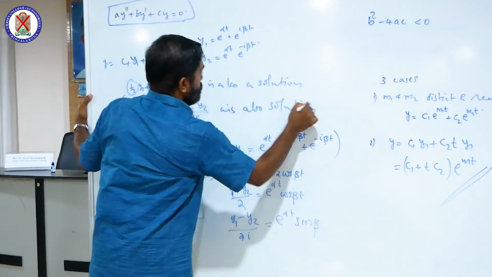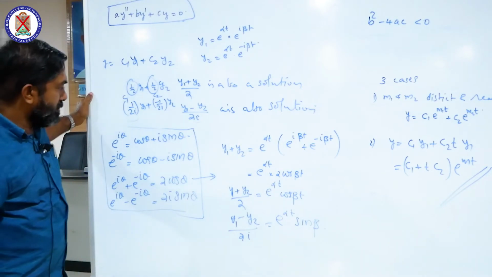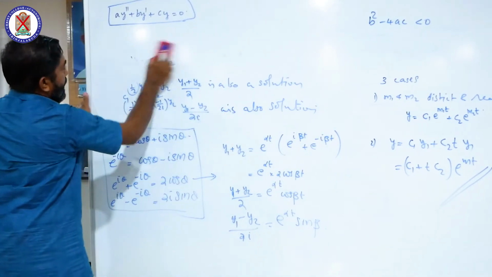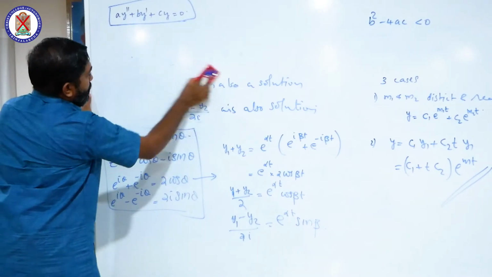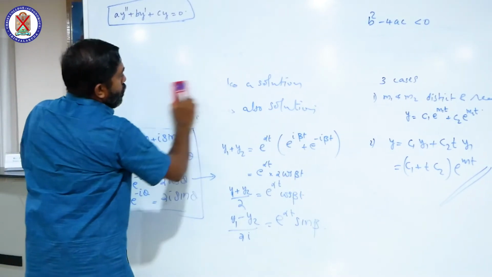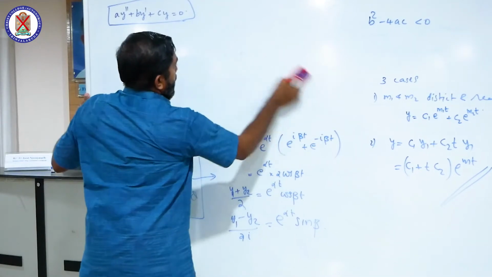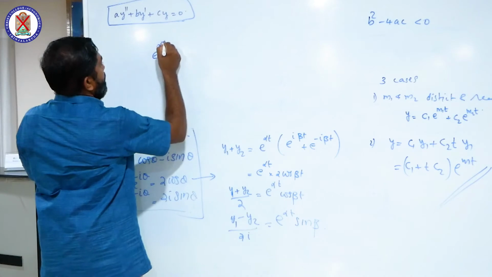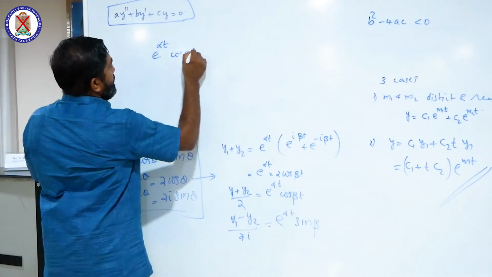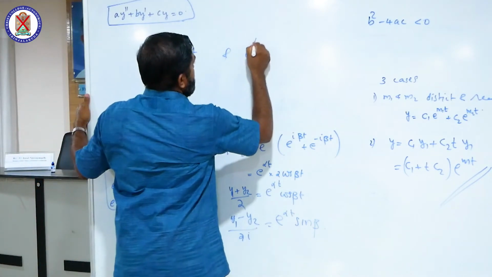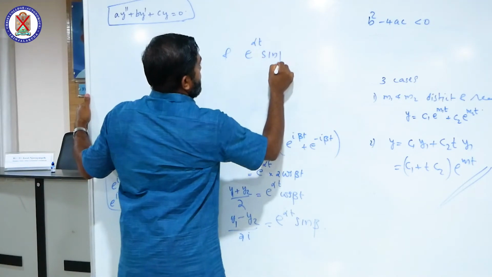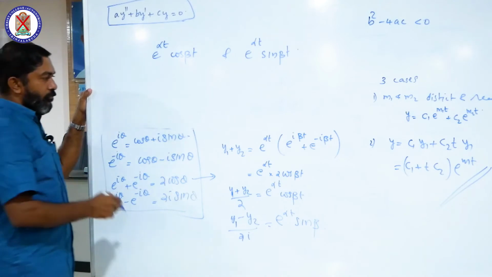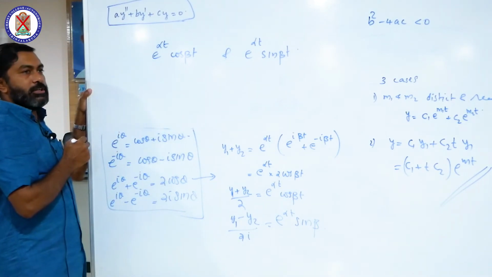This means we can conclude that e raised to alpha t into cos beta t and e raised to alpha t into sin beta t are two solutions of the given differential equation.